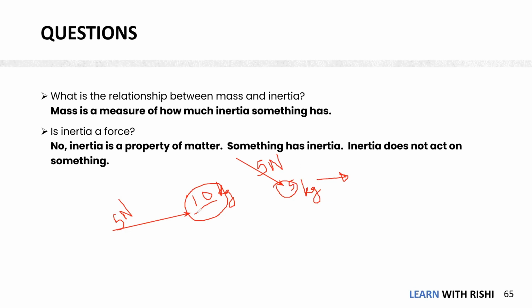Because of the mass. This body weighs 5 kg and the mass of this body is 10 kg. So in order to change the state of motion of the body weighing 10 kg, I need to apply greater force. So this is what it means that mass is a measure of how much inertia something has. The greater the mass of the body, the greater the force I need to apply to change the motion of the body.